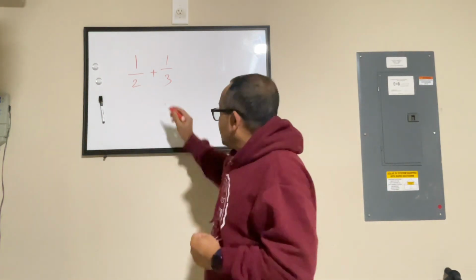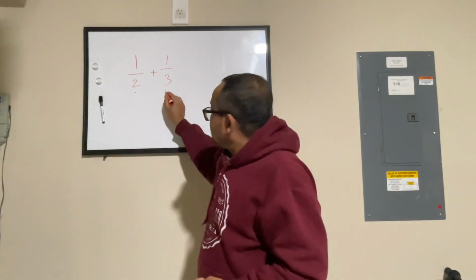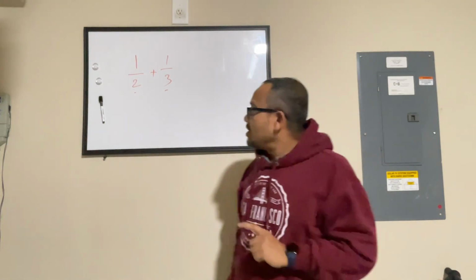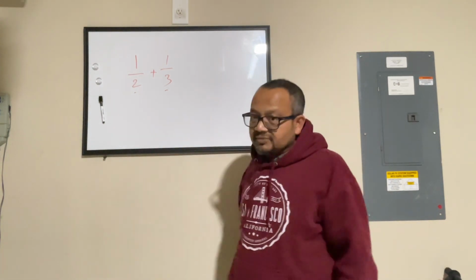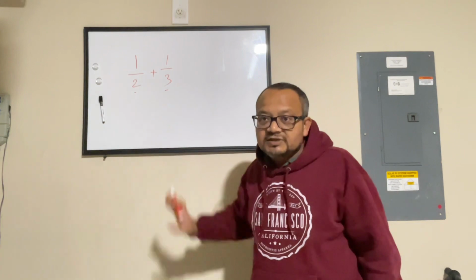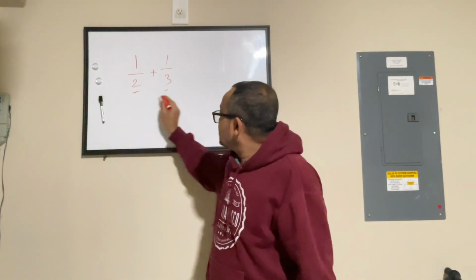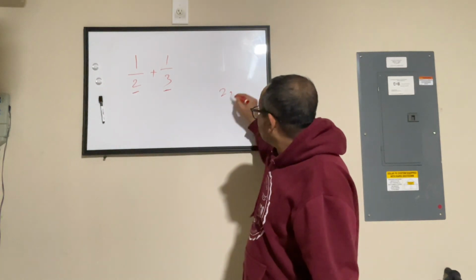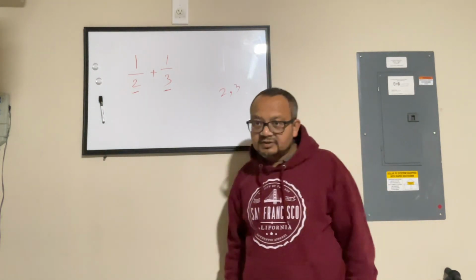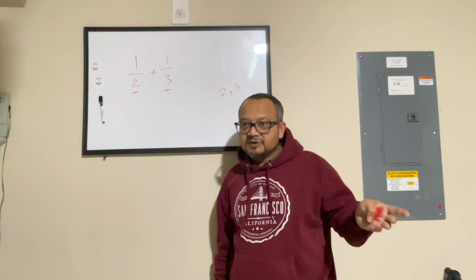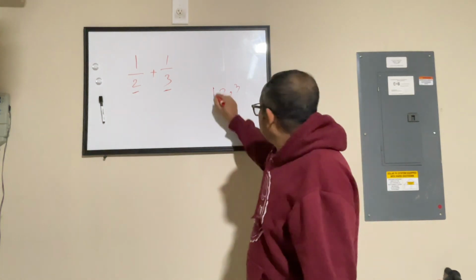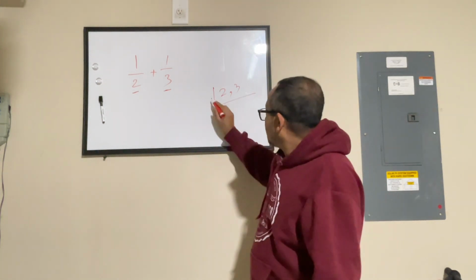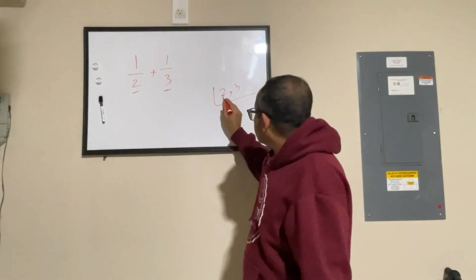Alright. So, if you have to do this one, the first thing you have to do is find the LCM. This is the first place where you end up using LCM. You find the common denominator for both fractions, 2 and 3. What is the lowest common multiple of 2 and 3? 6. How? This is how you do it. Which is the smallest number? 2.